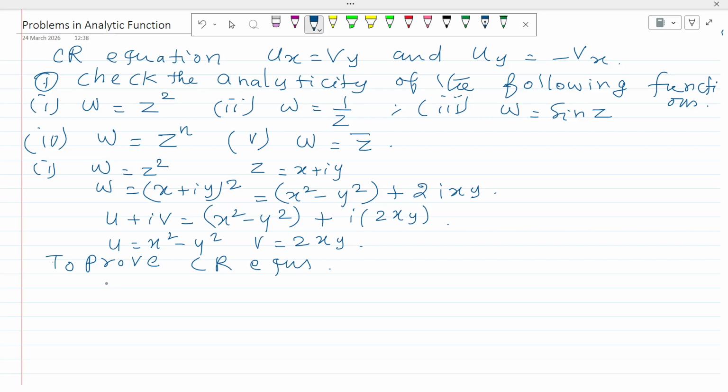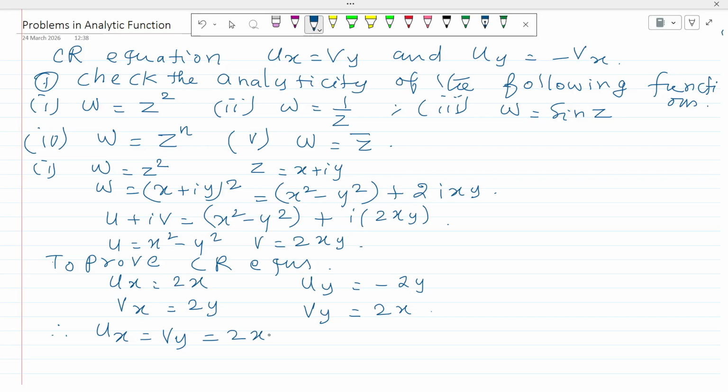So you have to find four values: ux is 2x, uy is minus 2y, vx is 2y, vy is 2x. So from this you can see that ux equal to vy equal to 2x.